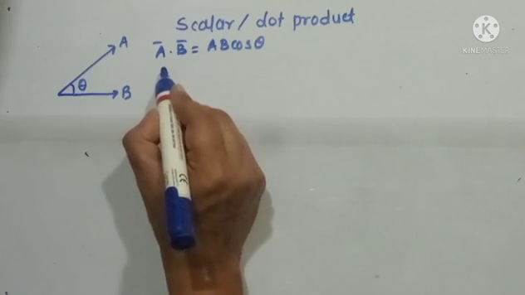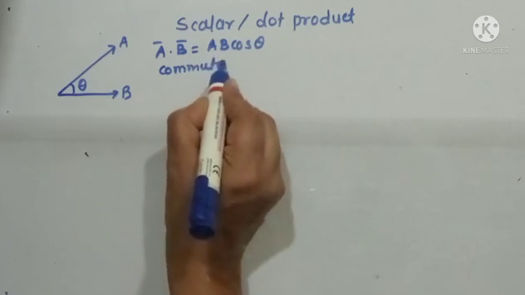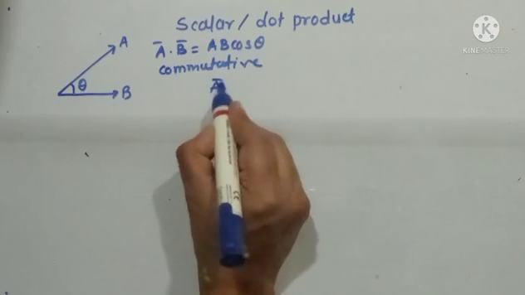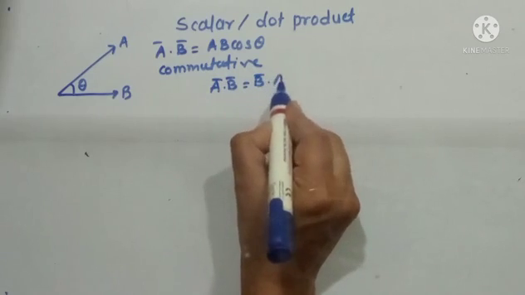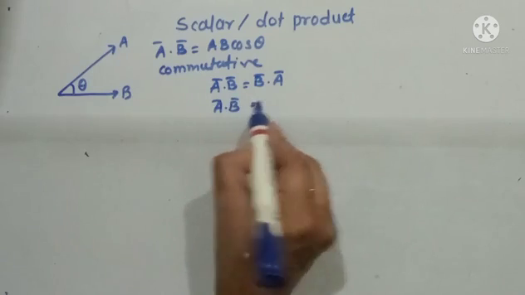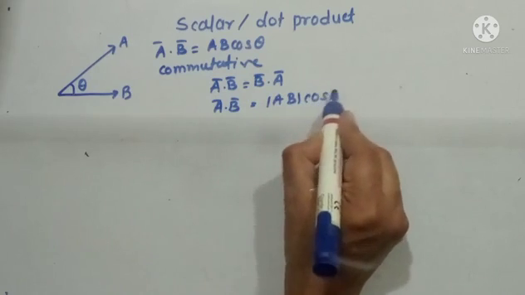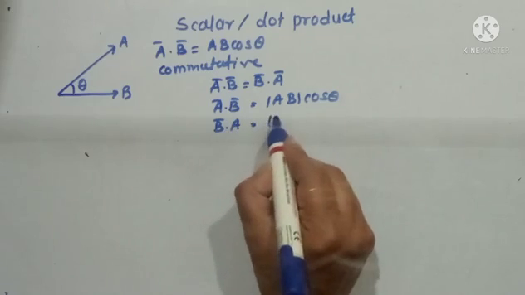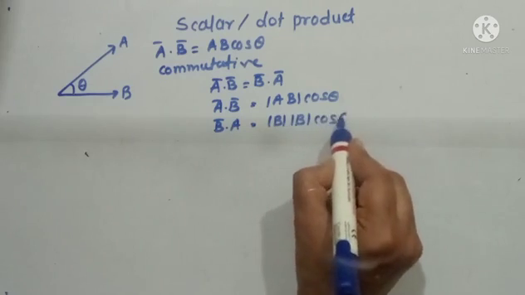Scalar product is commutative. Commutative means A dot B is equal to B dot A. We can prove this. We know that A dot B will be AB cos theta, and B dot A will be vector B into vector A into cos theta.